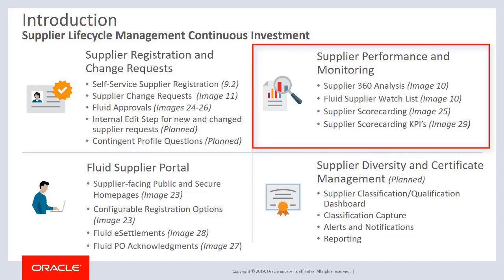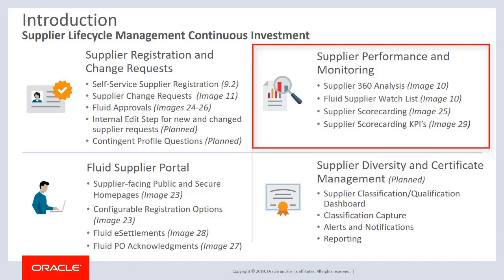Under the Supplier Performance and Monitoring area, we delivered the Fluid Supplier Watch List, which also allows managers to proactively monitor selected suppliers. With Image 24, the Fluid Supplier 360 Analysis provides cockpit views and comparative views of selected supplier metrics. Future enhancements in this area is Supplier Scorecarding, which is the focus of this Spotlight video.